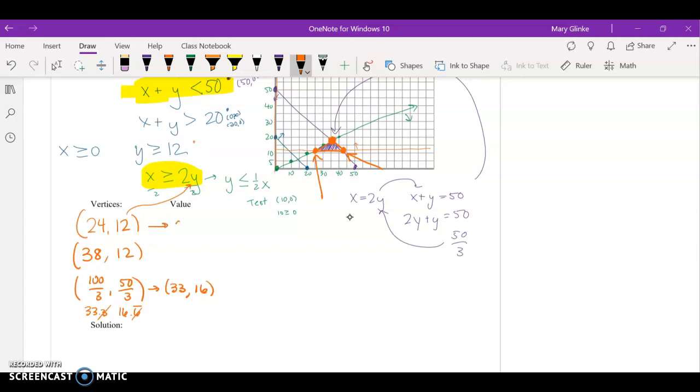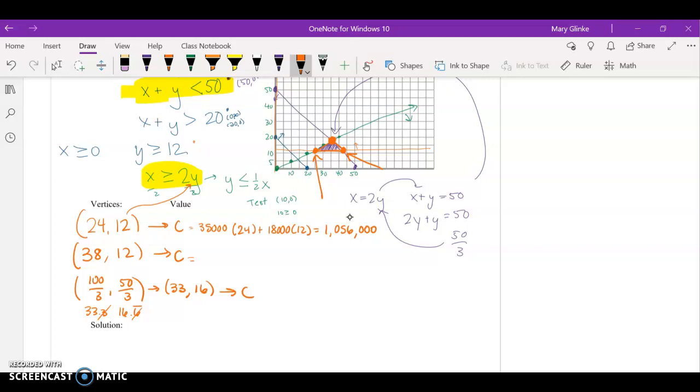Then you're going to plug these in for your x and your y value for your objective function. So you're going to be doing 35,000 times 24 plus 18,000 times 12. So 24 comma 12 gives you 1,056,000 for your cost.